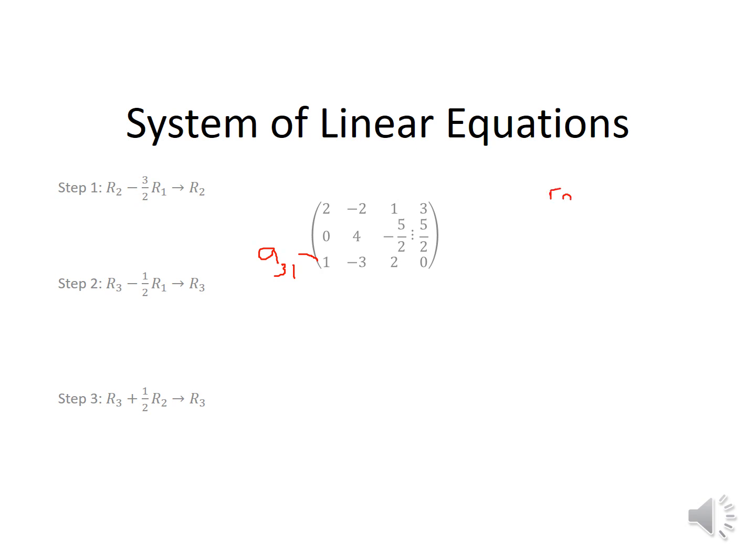R3 minus R1, replace into R3. Then your R3 is 1, negative 3, 2, 0. R3 is 1, negative 3, 2, and 0. And R1.